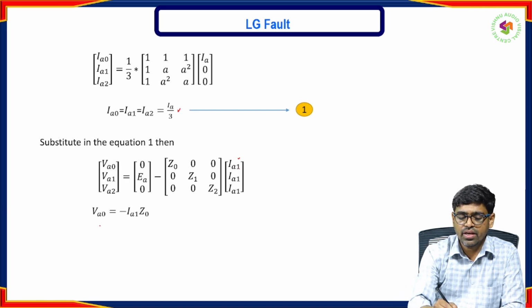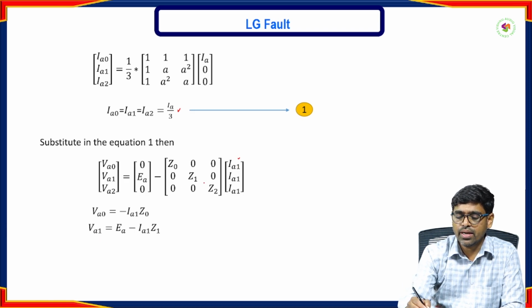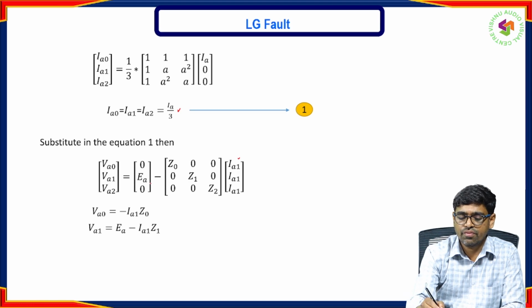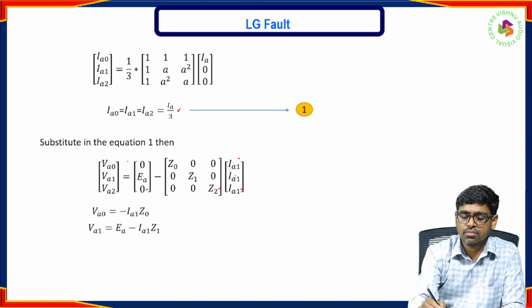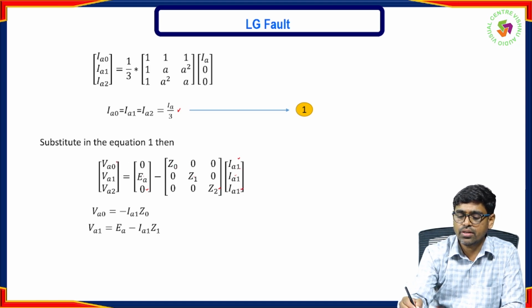Now we can write VA0 equal to nothing but minus Z0 into IA1, and VA1 is nothing but EA minus Z1 into IA1, and VA2 is nothing but 0 minus Z2 into IA1.